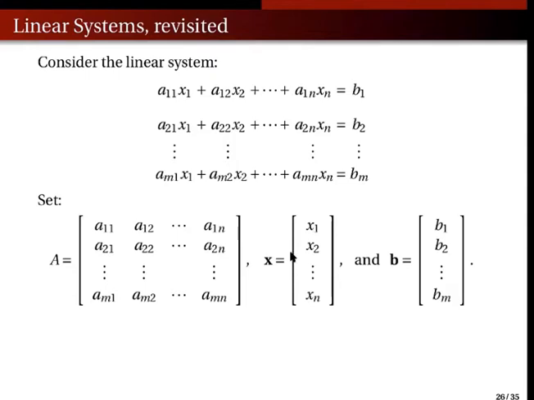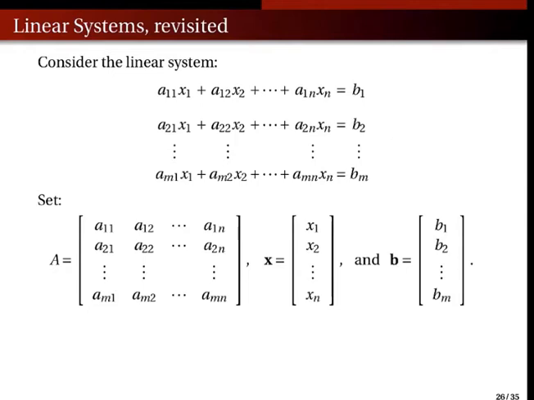But notice, x has n entries, b has m entries. So this b still tells you the number of equations you have. The number of entries in your column vector b is the number of equations you have. Okay?